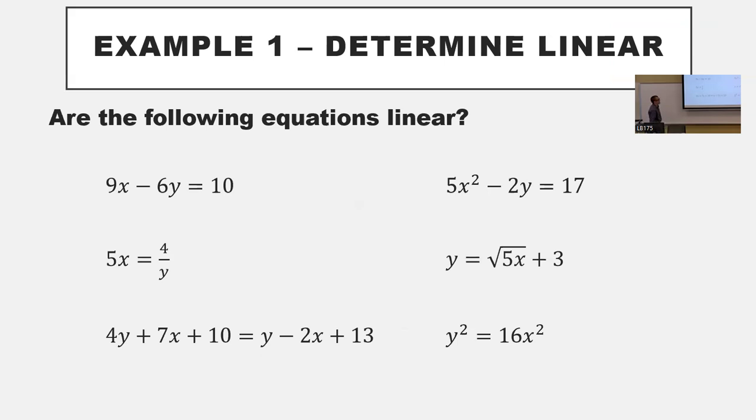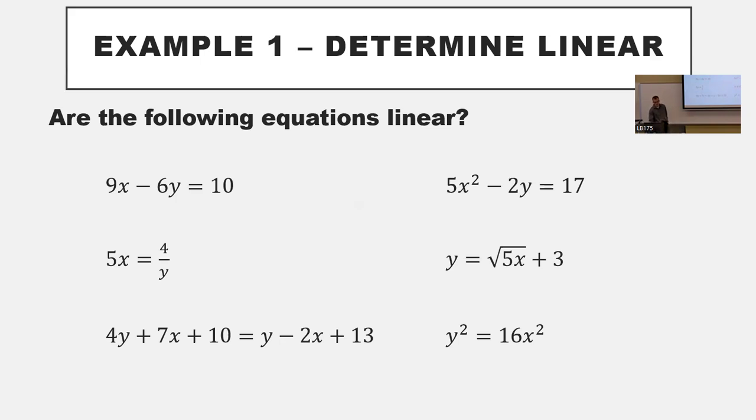So we can look at equations and, through one process or the other, determine whether things are linear. If I look at 9x minus 6y equals 10, that's linear, and you can think of it either way.